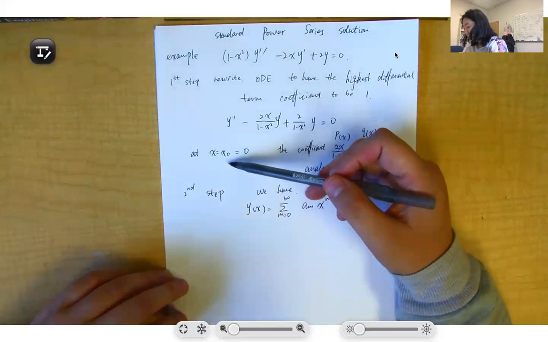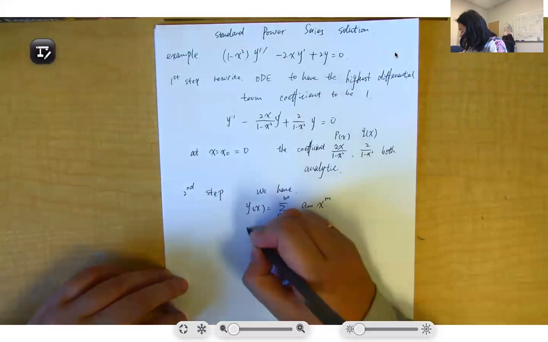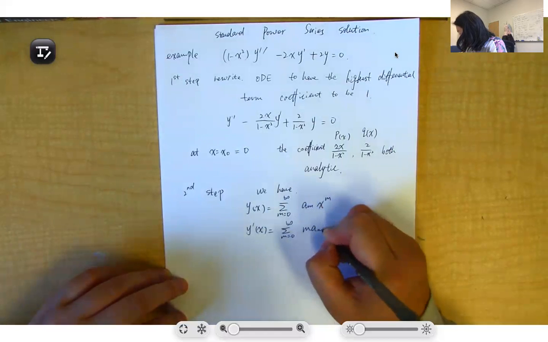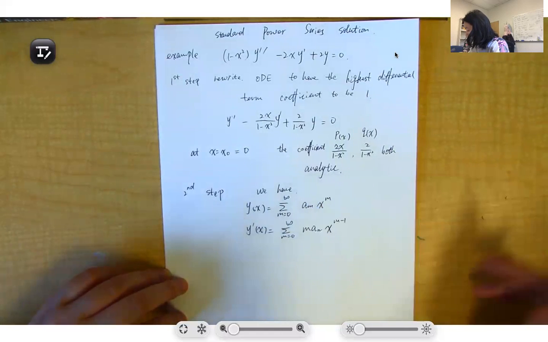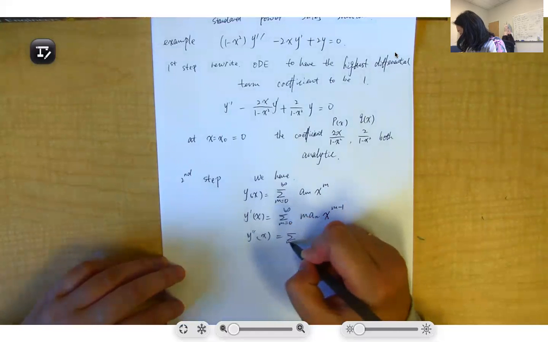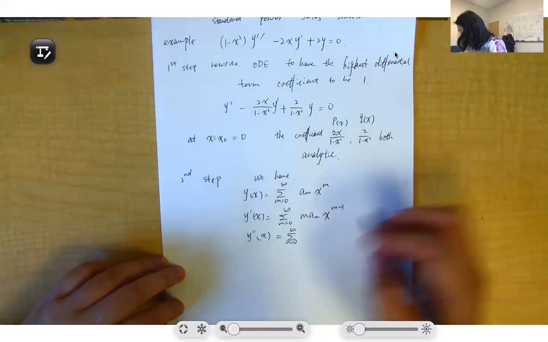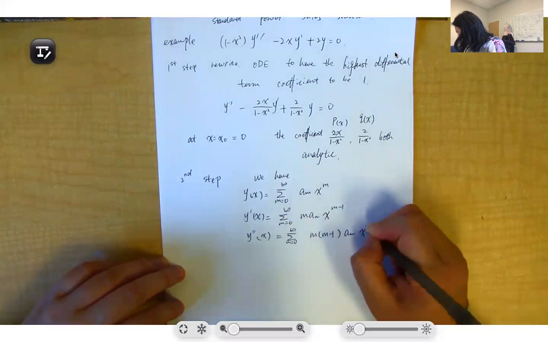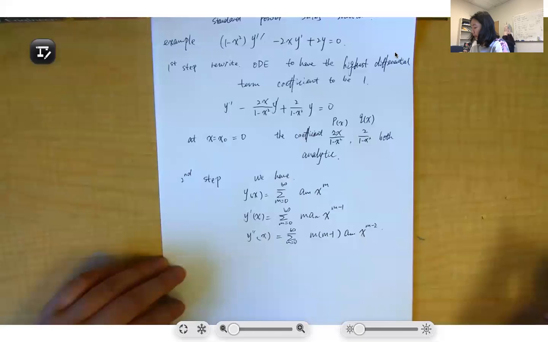Okay, the center is 0. Then we have y prime(x) equals to the sum from m equals 0 to infinity m a_m x to the m minus 1 power. Y double prime is equals to the sum from m equals to 0 to infinity m times m minus 1 a_m x to the m minus 2 power.